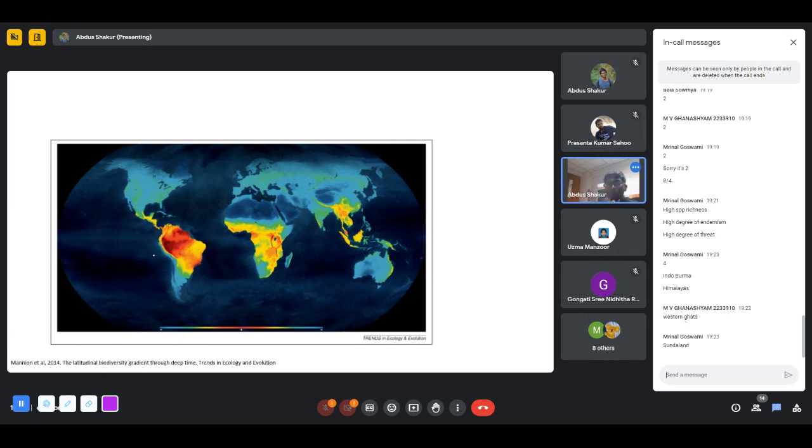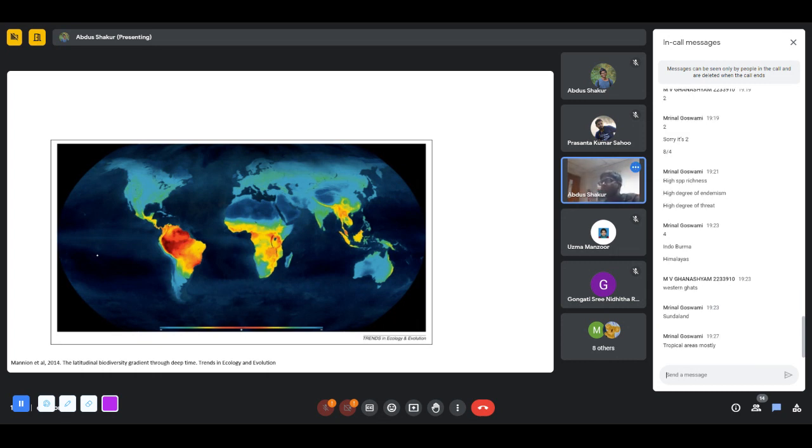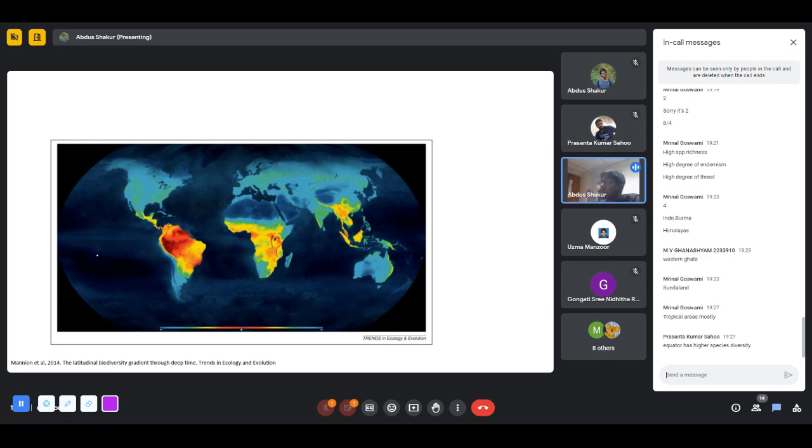So, what is one interpretation that you can take from this image? Tropical areas mostly, the equator has higher species richness. The equator, right?